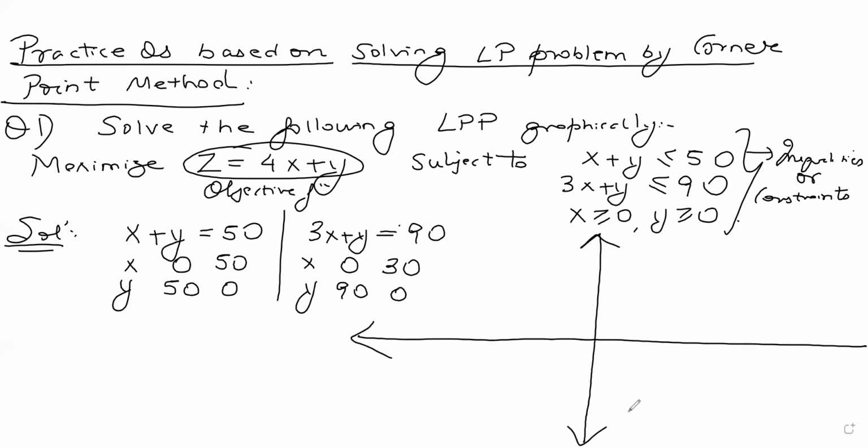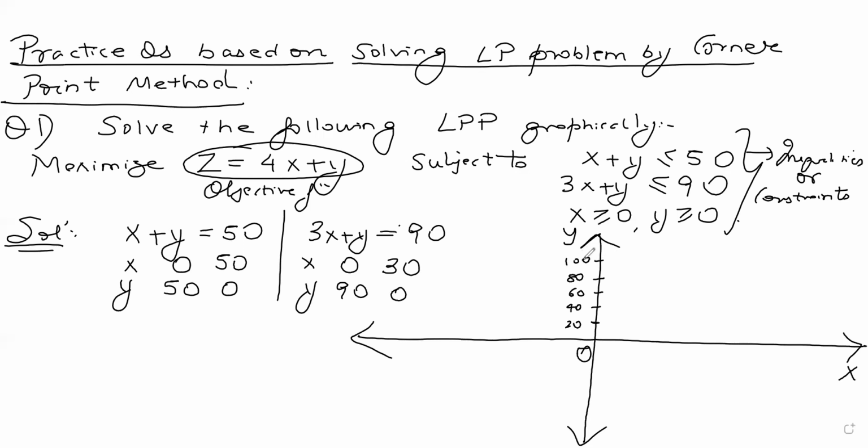We have the x-axis and we have the y-axis. The scale I can take is of 10, or I can even take the scale as 20 because of lack of space. So 20, 40, 60, 80, 100.